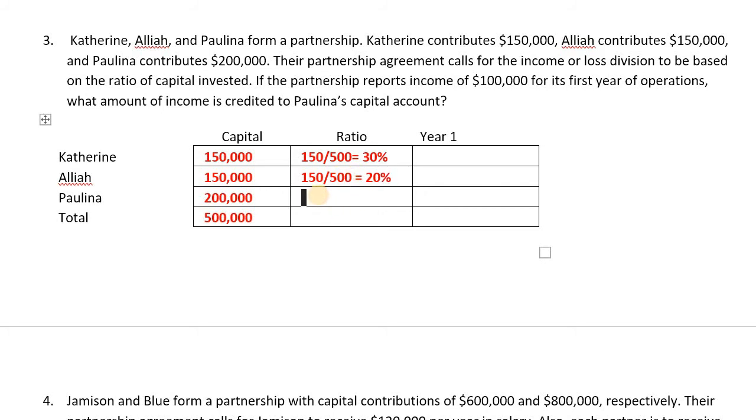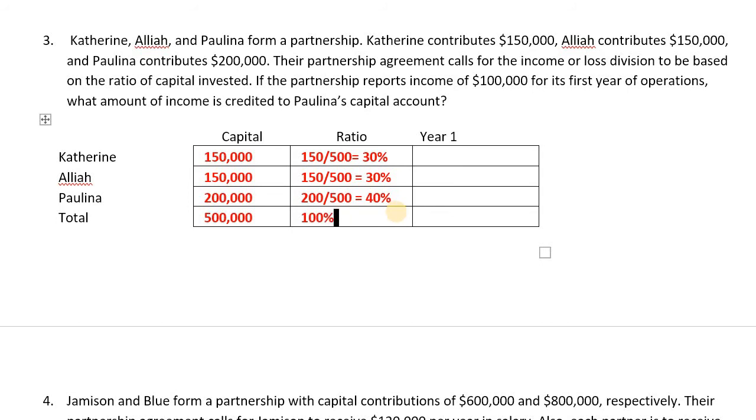And Paulina, a little more, 200 divided by the 500 total, otherwise known as 40%. Just to be sure, 30 and 30 is 60, and 40 is 100%, just what we needed.